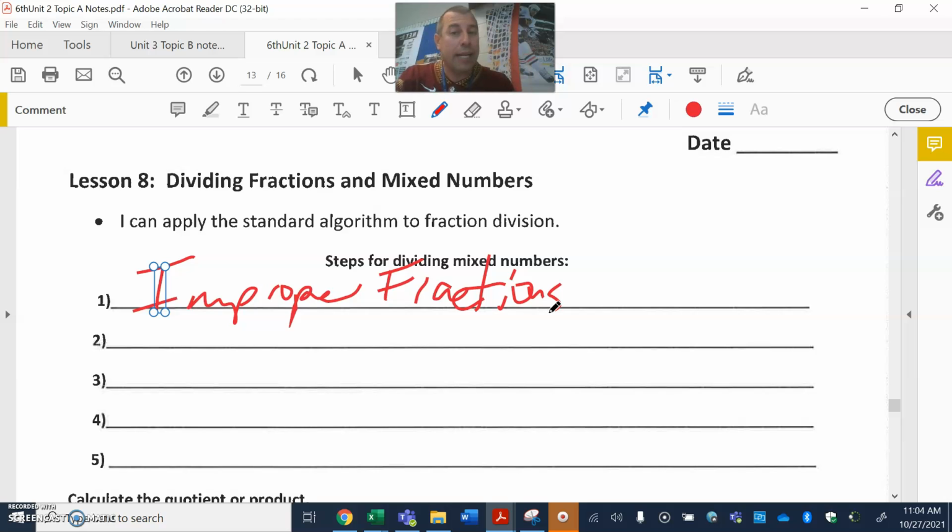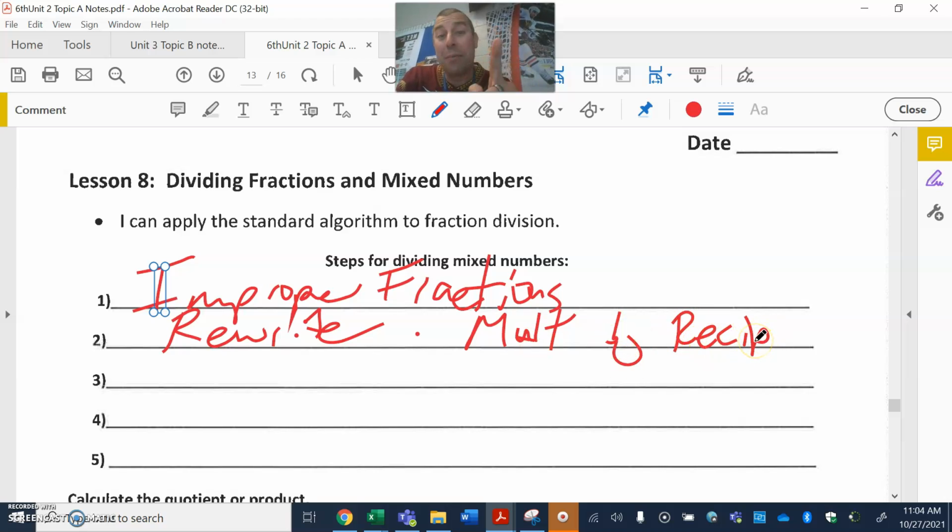Because we're dividing, we do need to rewrite. And remember, when we rewrite, we're going to multiply by that reciprocal. And remember, reciprocal means to flip that fraction. It's always the second fraction that we're flipping. Always, always, always.